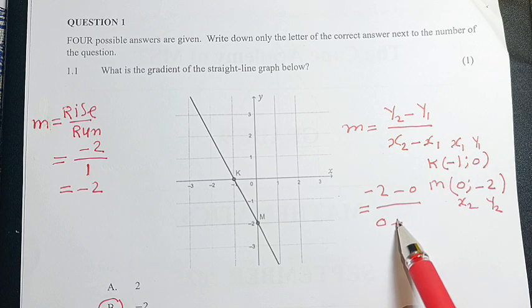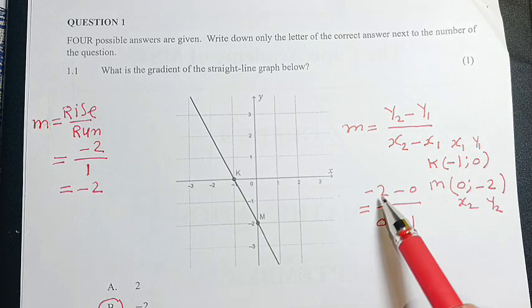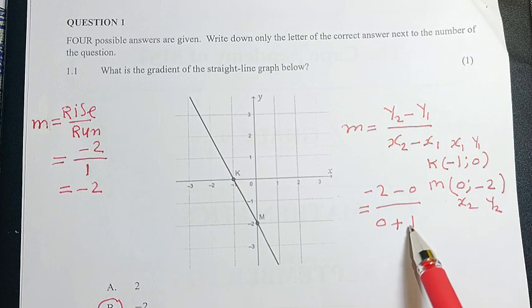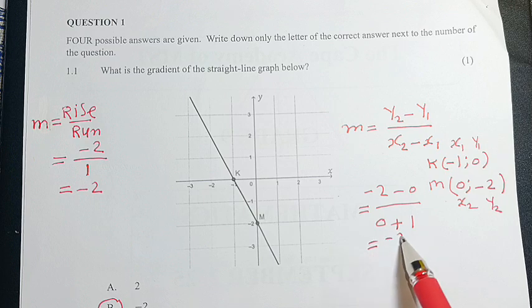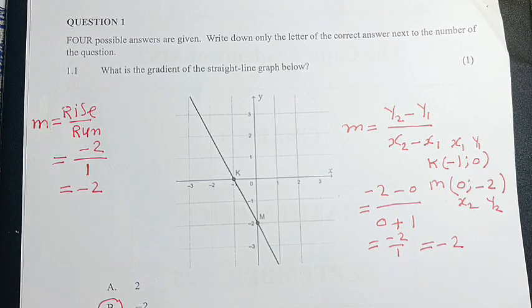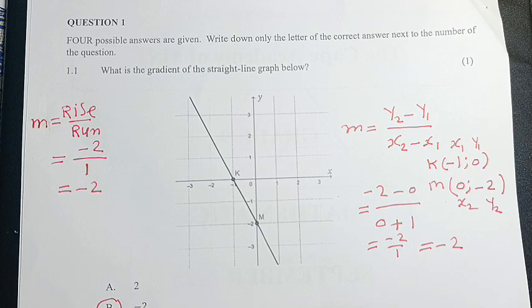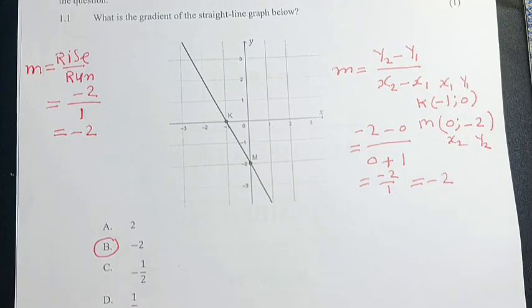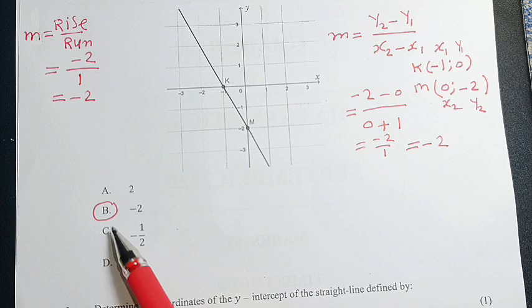Negative becomes positive 1, because negative times negative is positive. So the top is negative 2, the bottom is positive 1, and negative 2 divided by positive 1 is negative 2. Same answer, so either way the answer is the same. We choose B, negative 2.